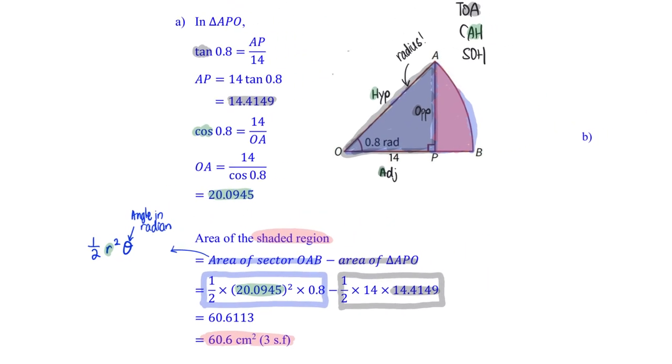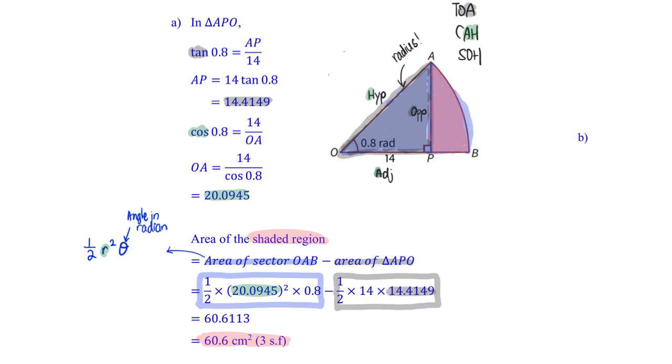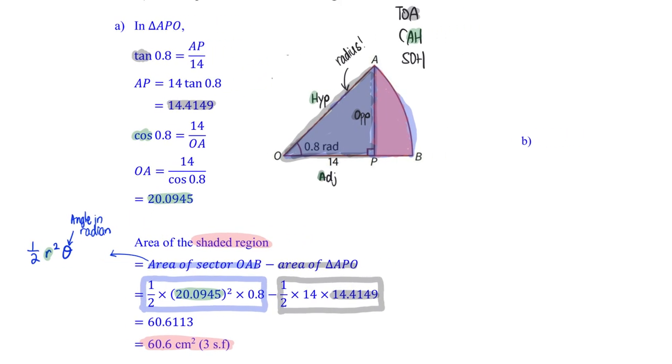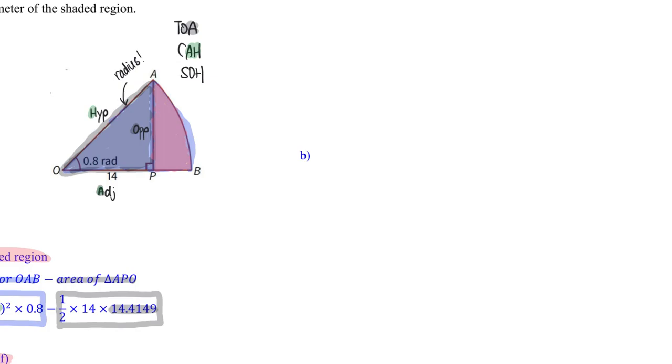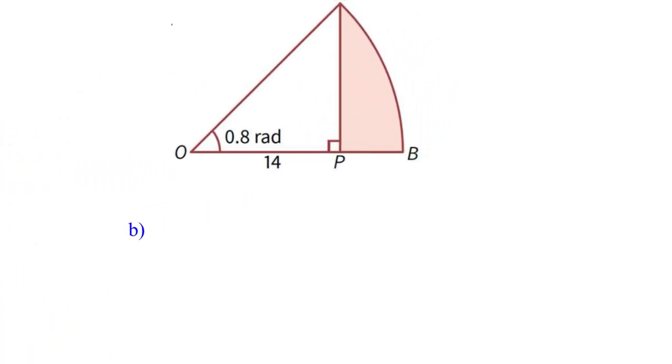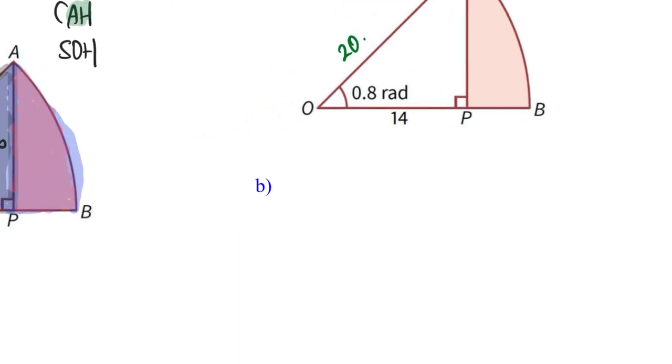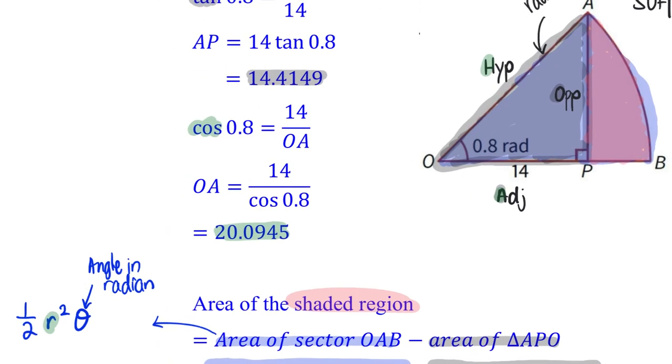So that is for part A. Now, for part B, where we are required to find the perimeter of the shaded orange region, I already know from part A my radius. So now let's zoom in. My radius is 20.0945.